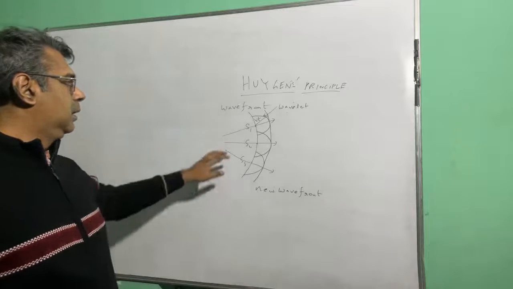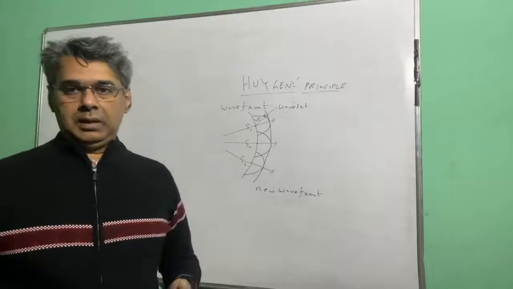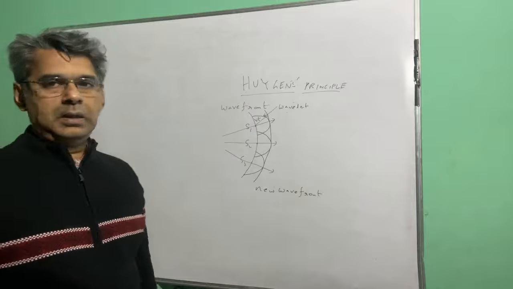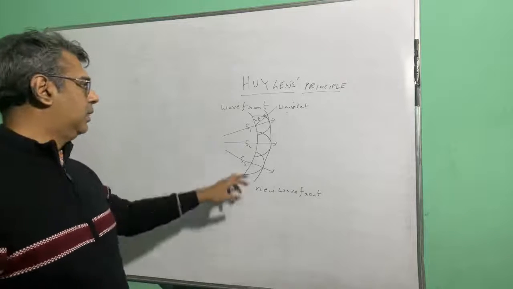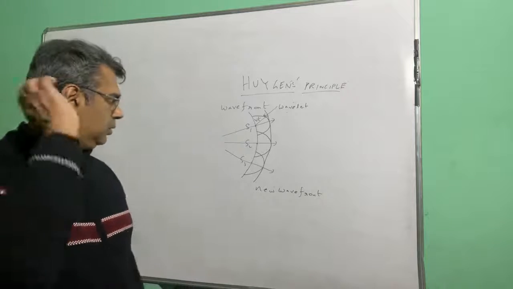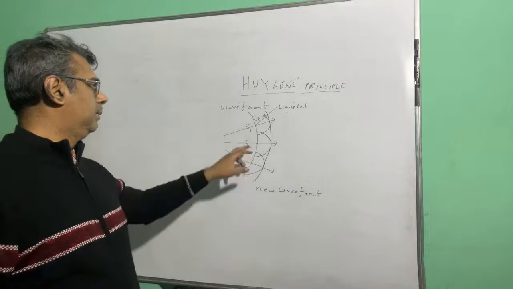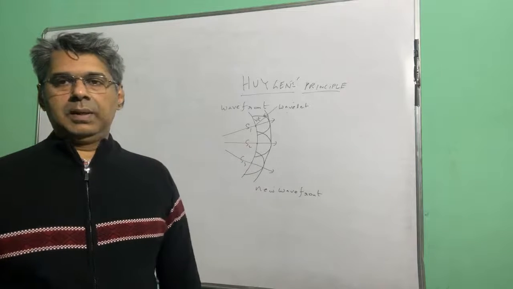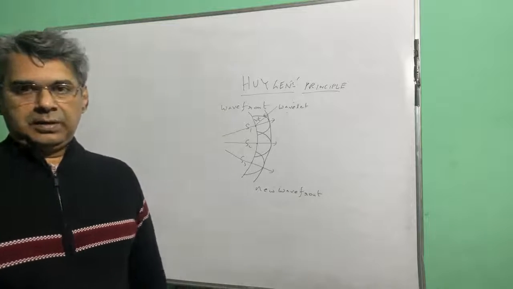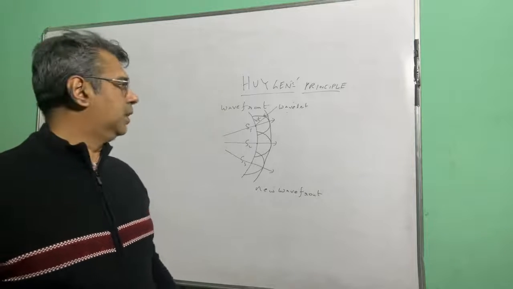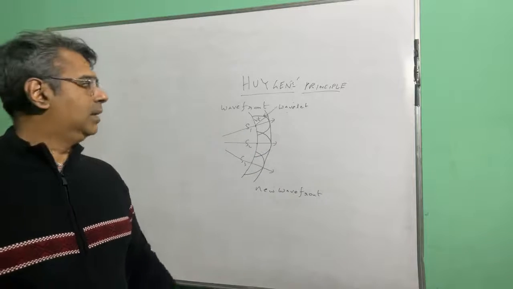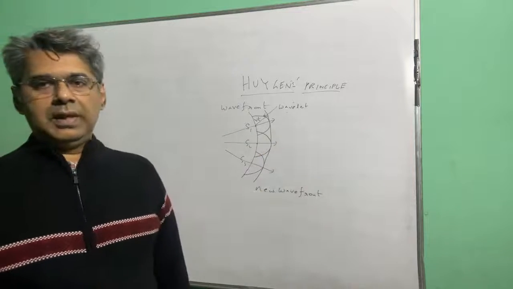So once again, you have a light wave, it is propagating, you have drawn one wavefront at a certain point of time. On the wavefront you have taken certain points like S1, S2, S3. Each of these S1, S2, S3 becomes the source for the next wavefront. And how do you find the next wavefront? With each of these points S1, S2, S3 as center and radius equal to velocity of light into time.